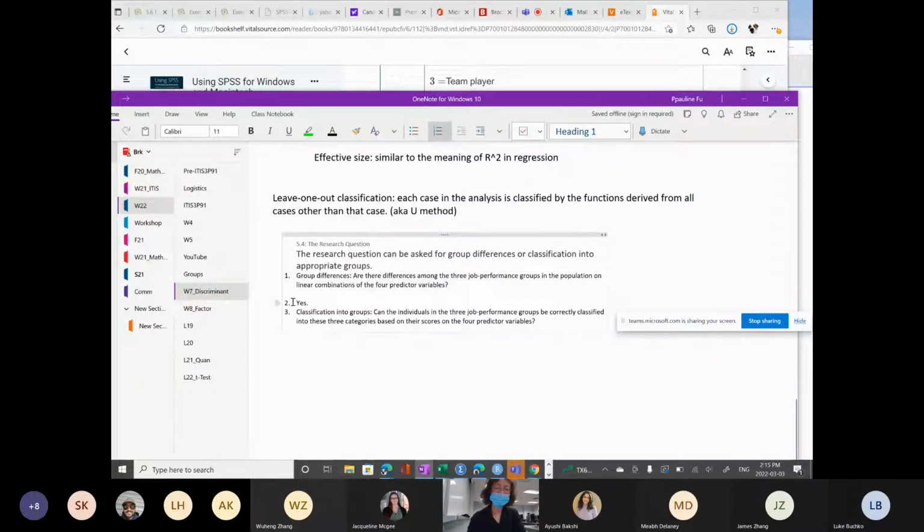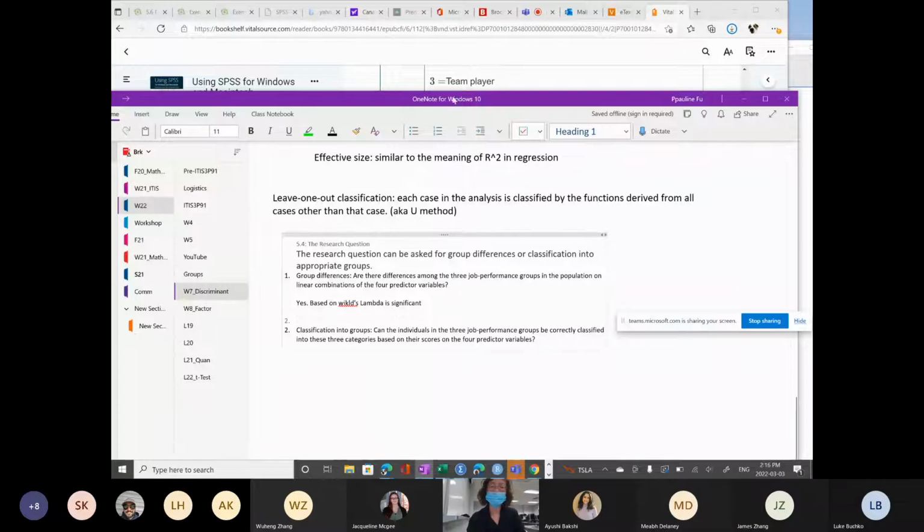The reason is based on Wilks' lambda, which is significant. It's in that table.